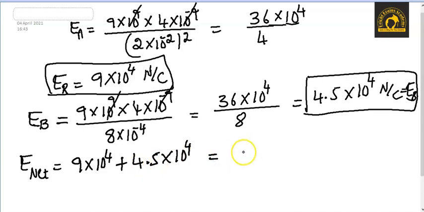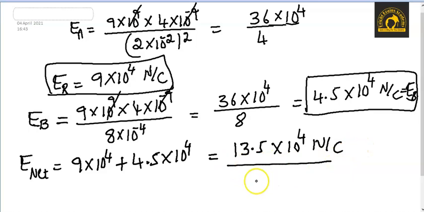So the answer is 13.5 into 10 to the power of 4 Newton per coulomb.